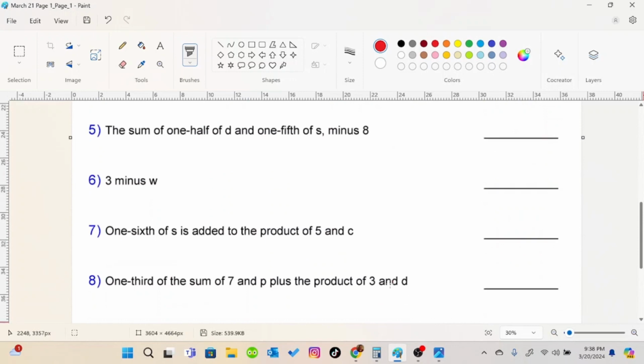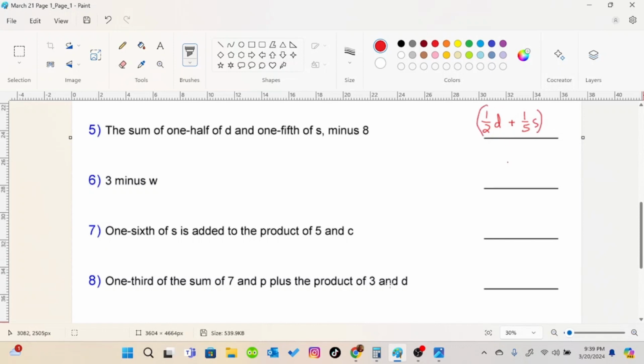Number 5, the sum of 1/2 of d. So we have 1/2 d plus 1/5 s.